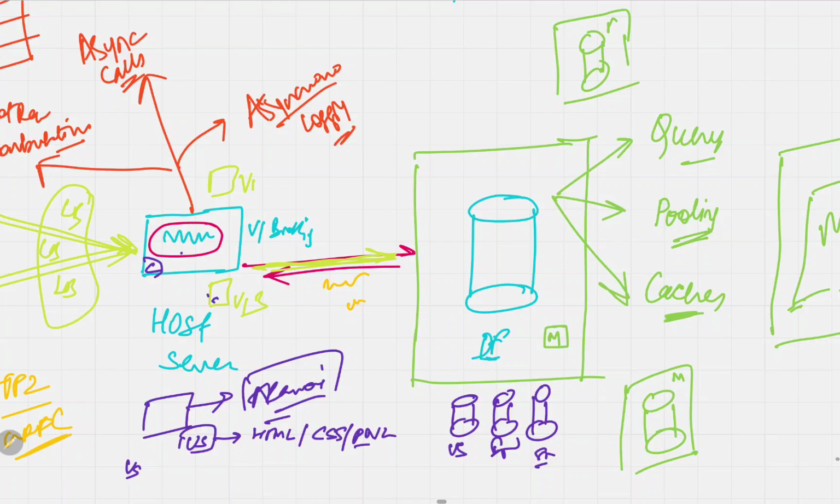What else, guys? Sharding or partitioning, caching we have discussed. Can you think of anything else? DB optimization we have said.